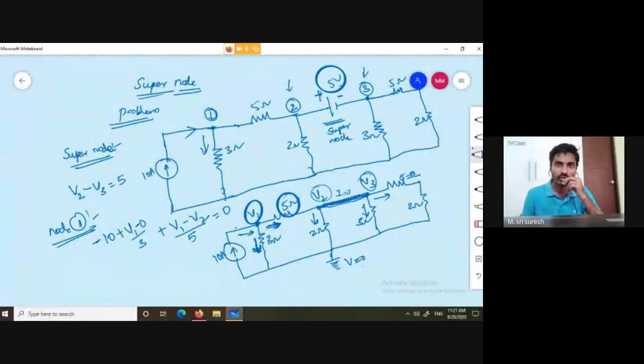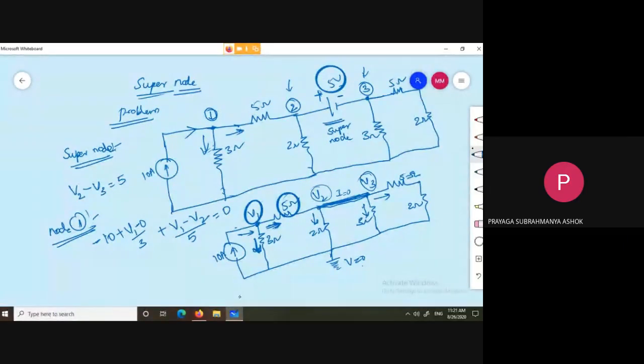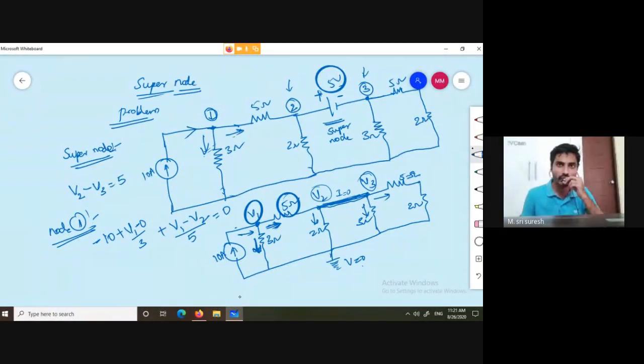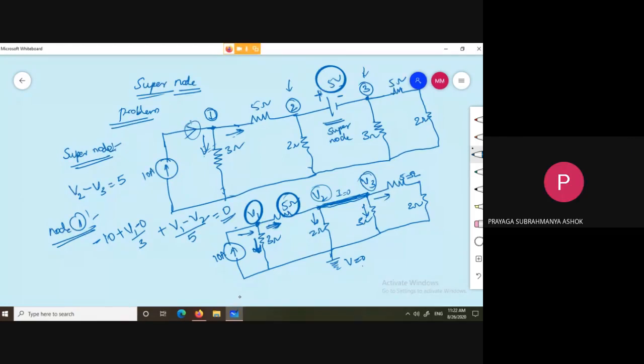To this node, the 3 ohms branch current is outgoing and the 5 ohms branch current is outgoing, so outgoing currents are positive. The algebraic sum of incoming and outgoing currents is equal to 0. That is the KCL statement. Now you have understood? Yes, sir.